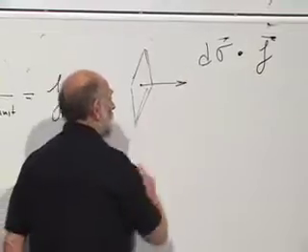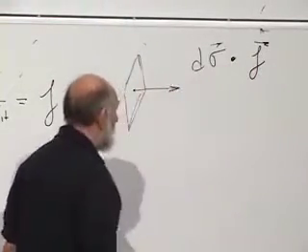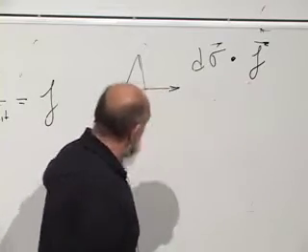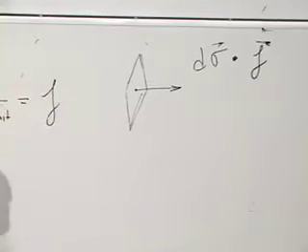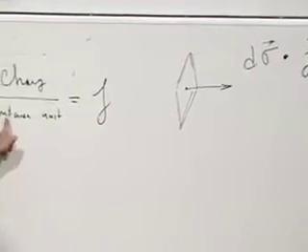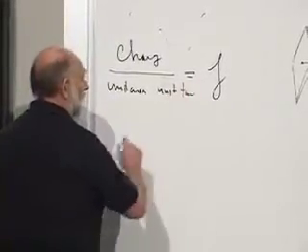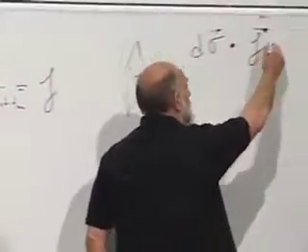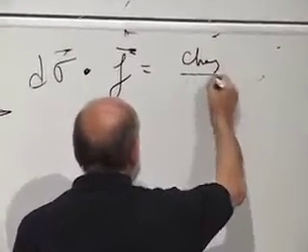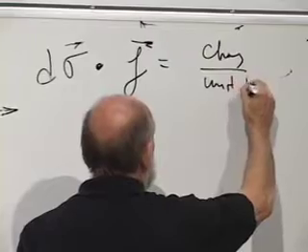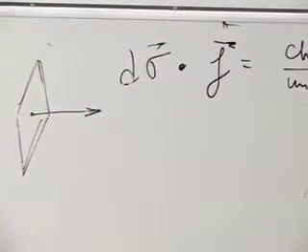That's why it's the dot product. The dot product measures the component of one vector in the direction of the other. So this measures the component of the flow in the direction perpendicular to the surface element. And it is not the charge per unit area per unit time, but just the charge per unit time, charge per unit time through the surface element d sigma.